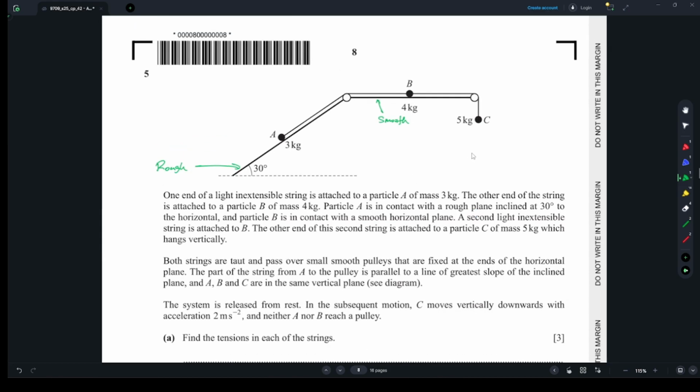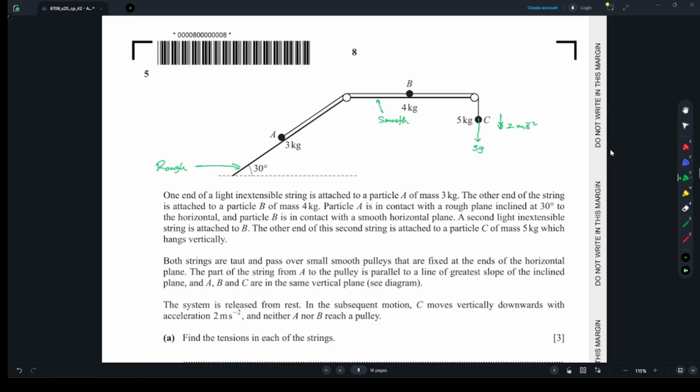So now when they release the system, C starts to move downwards with an acceleration of 2. We have the weight of this one, so we can write 5g, and this one starts to move with an acceleration of 2 meters per second squared.